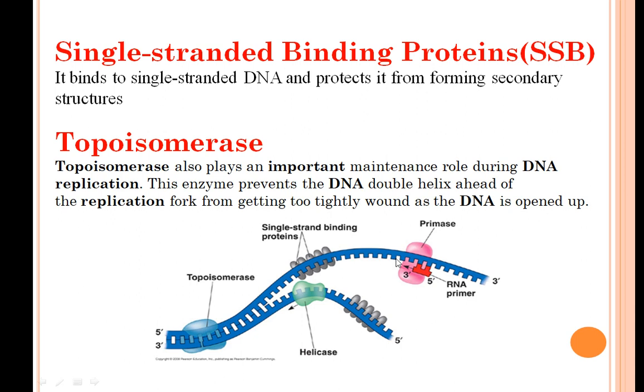That means due to unwinding, supercoiling develops at the end of DNA opposite to the replication fork, and then the tension here is released by the enzyme topoisomerase. These are enzymes that can break and reseal one strand of the DNA. We are not talking about topoisomerase 1 and topoisomerase 2.